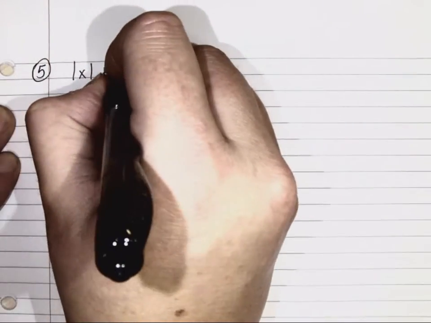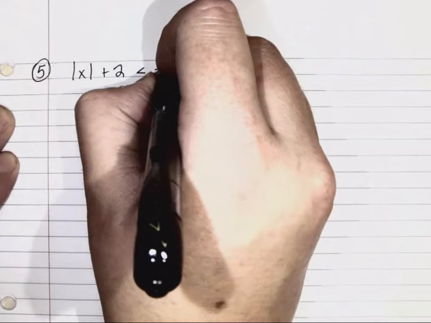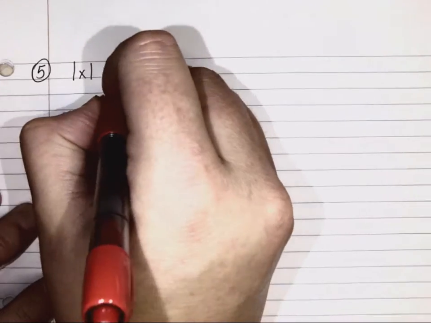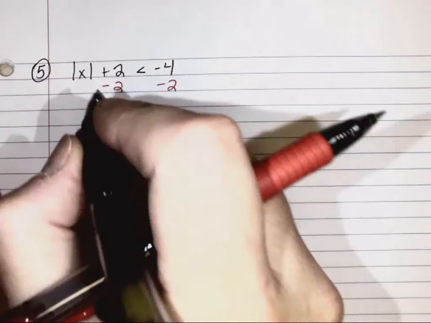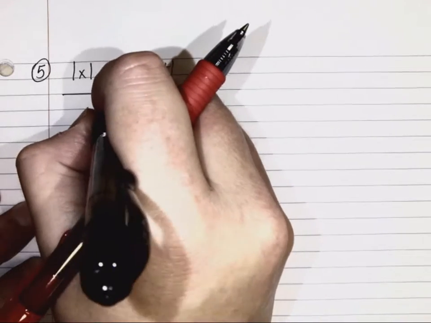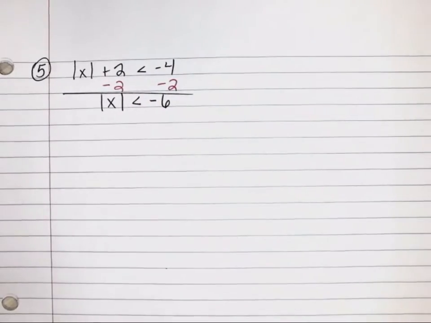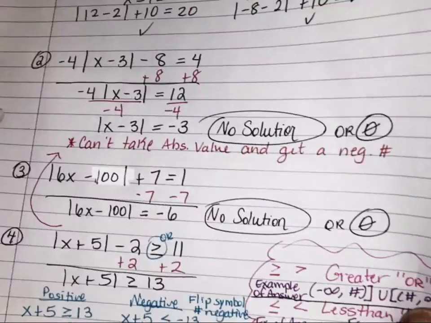Number 5, absolute value of x plus 2 less than negative 4. Isolate your absolute value part as much as possible, subtract 2, and you get the absolute value of x is less than negative 6. Now, let me go back before we answer number 5.